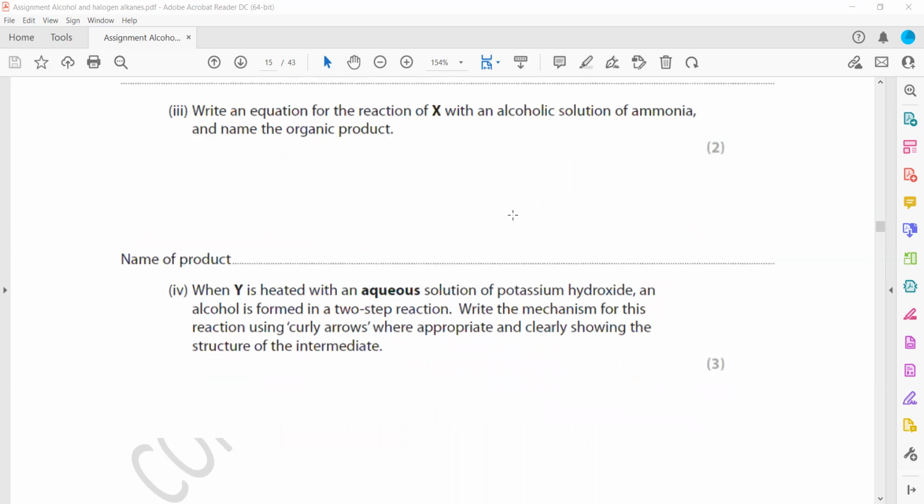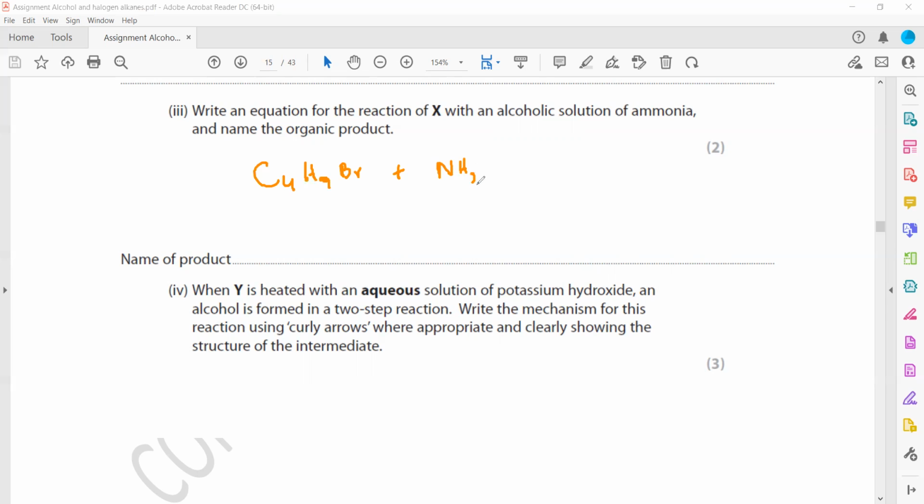Then the next one: write the equation for the reaction of X with an alcoholic solution of ammonia and name the organic product. Remember, with an alcoholic solution of ammonia, it's a substitution reaction and it results in the formation of an amine. So first we write bromobutane, C4H9Br, because we need the equation. C4H9Br plus ammonia, which is NH3.